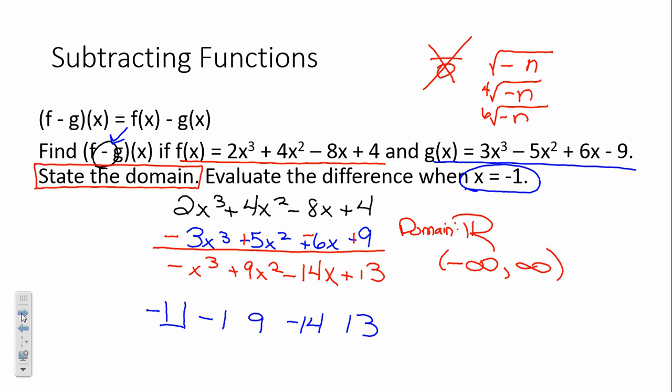Okay, so you can choose whichever one you want to use. You can either synthetically divide it, or you can plug in a -1 everywhere you see x, and you'd have your answer either way.